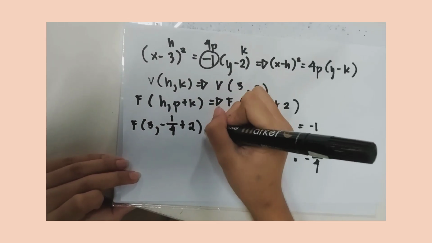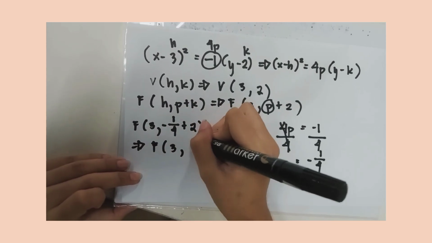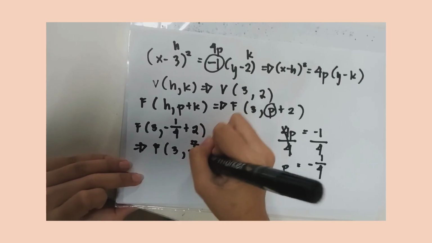Negative 1/4 plus 2 equals 7/4. Therefore, the focus is at (3, 7/4), and our parabola is facing downwards.